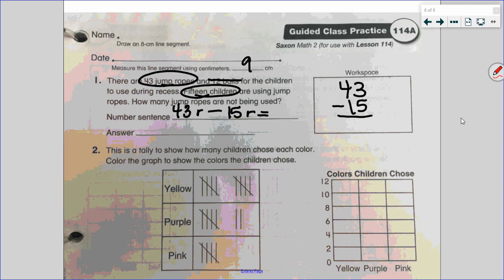Well, I can't do that, so I'm going to borrow from my tens. 4 becomes 3, bust it apart, add it to the ones I have, and now I have 13 ones. And I can subtract. 13 minus 5 equals 8. 3 minus 1 equals 2. So how many jump ropes were left? 28. Great job. Let you catch up a little bit if you need to, and make sure you have the correct answer.